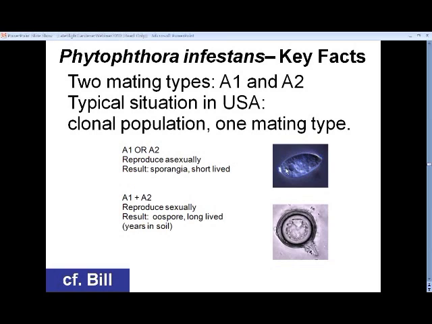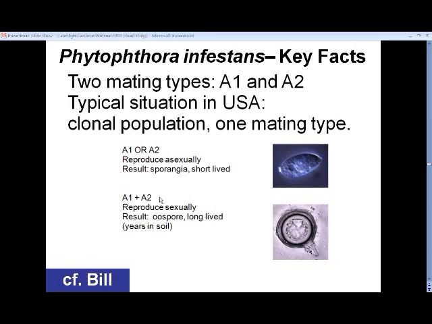And that means you get these spores produced, those are the sporangia, and they're very short-lived. They can't survive long, and they are affected by UV radiation. So if it's a sunny day, those spores can't move up into the air and be carried any distance. They're going to be killed by the UV radiation. So short-lived. Particularly, they'll move around on a rainy kind of a day, an overcast day.